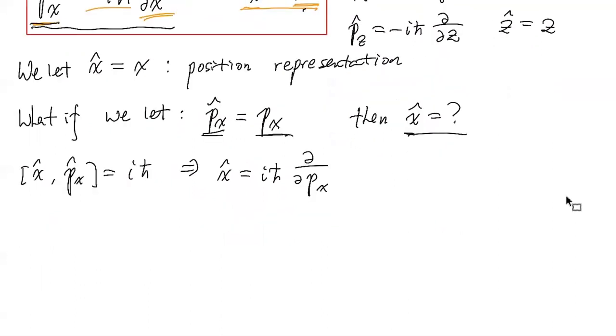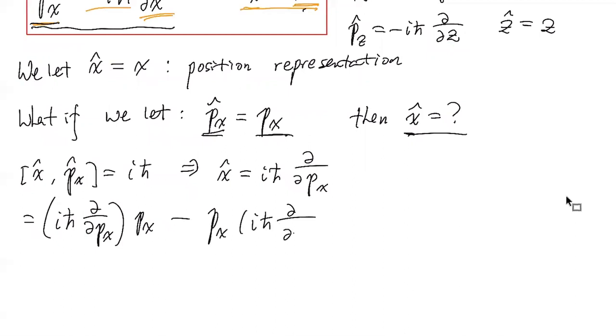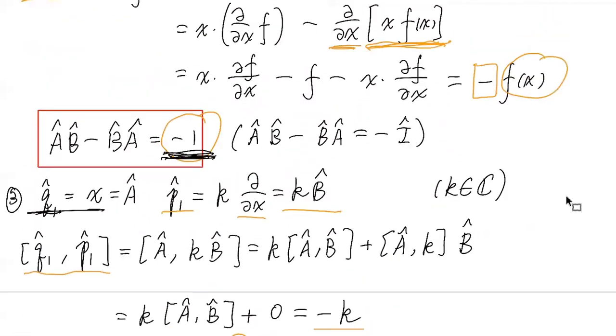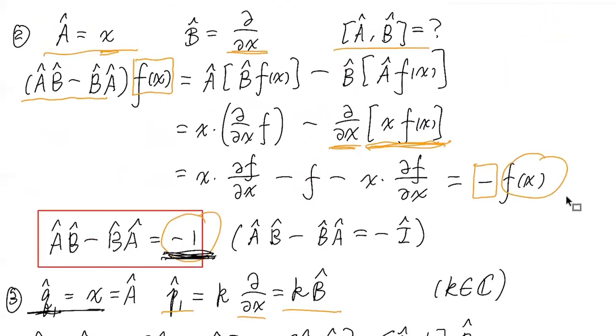Why is that? Well, this is equal to x times Px, right? iħ partial Px times Px, right? Minus Px times iħ d/dPx. So here I no longer write out a general function f, unlike here where I write an f. This is actually very helpful if you are a beginner, right? You just need to pay attention here.